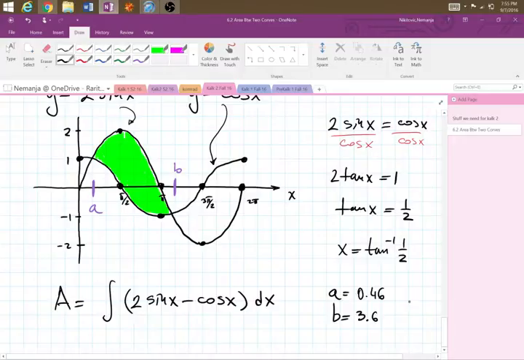I get how you got down to the fact that it's tangent. How did you get to inverse tangent? You need to solve for x. And to get x alone, you apply inverse tangent on both sides, and then they cancel because it's the inverse function.